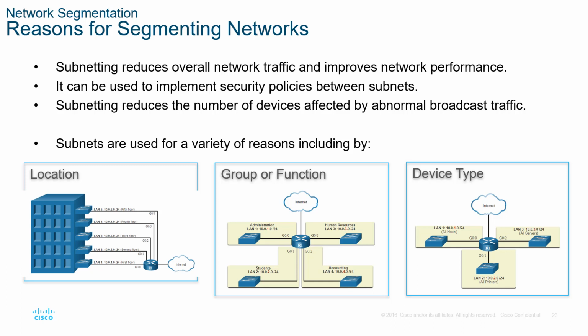We can group things by location, group, functionality, or device types. We may have all printers on one network, all servers on another network, all phones on a third network, all computers on a fourth network.